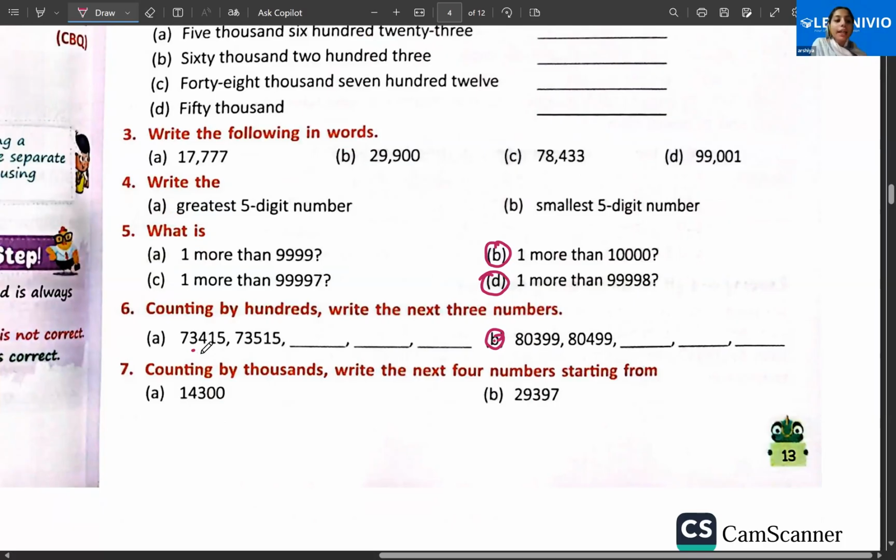So they are adding 100. So after adding 100, they got 515. So what will be the next term if I add 100 to this term? 72,515. No. 73,515 they have already written. After this, what will I get on adding 100?